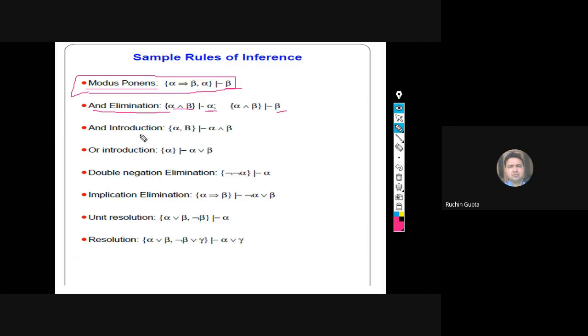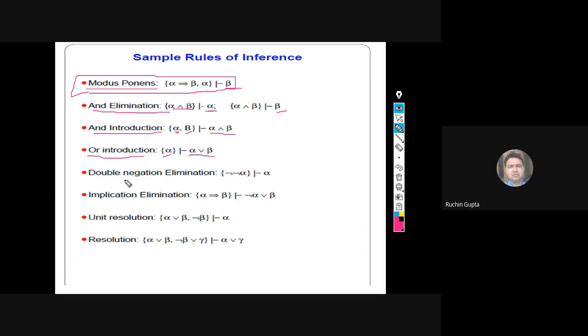And we have another rule, the and introduction. If we have alpha and beta and both are true, then of course alpha logical and beta will also be true. Or introduction: if alpha is true, then alpha logical or beta is true irrespective of the truth value of beta.